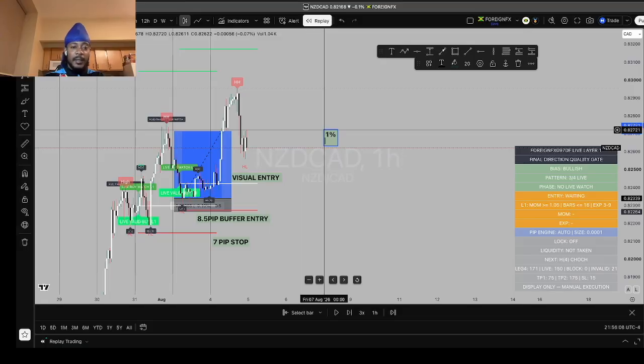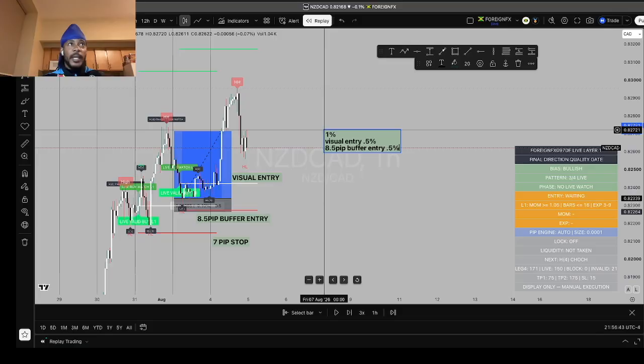So being that I have two entries, for the visual entry I am gonna risk 0.5%, and for the 8.5 pip buffer entry, I am gonna risk 0.5%. So in total, that would be 1%.